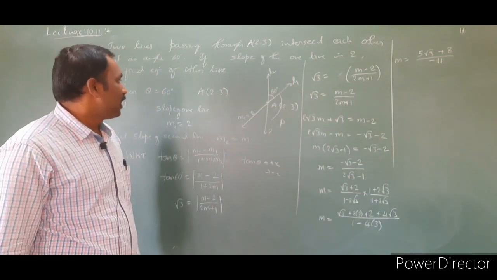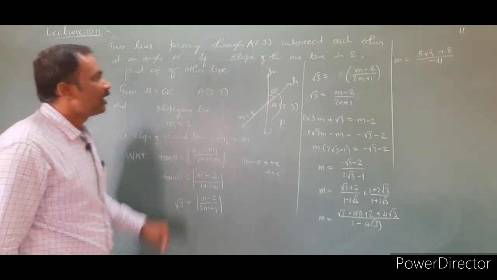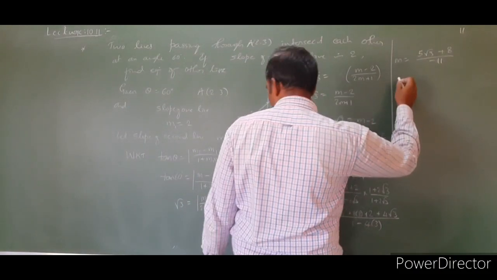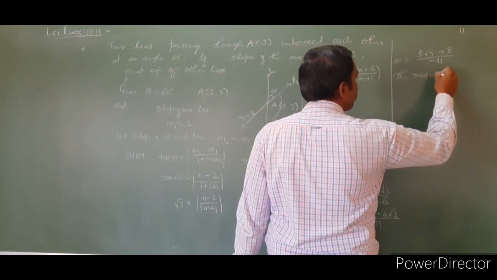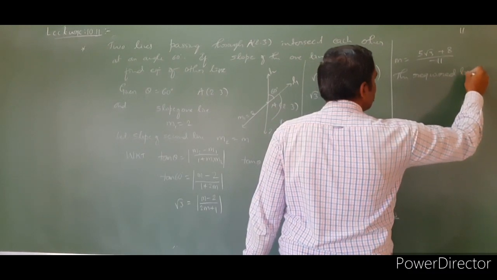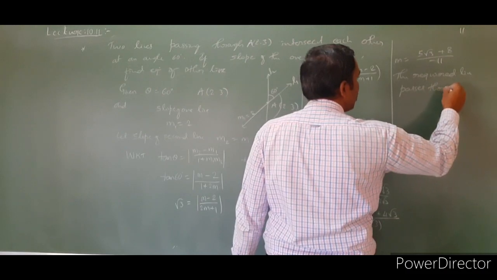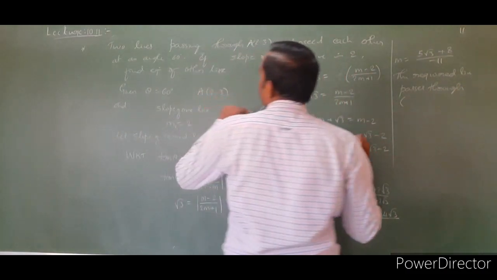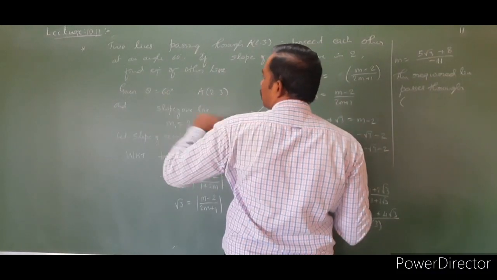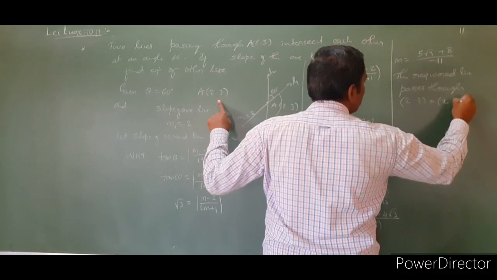Slope we got, and the required line passes through the point 2 comma 3. So this is the x1 comma y1.